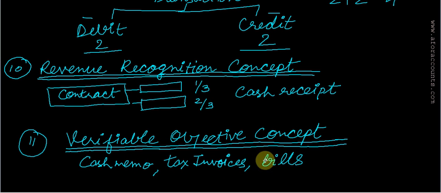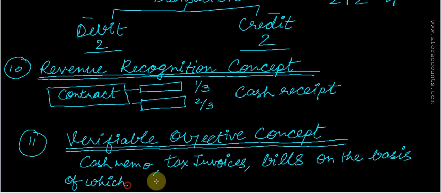Proper cash memo, tax invoices and bills should be present, on the basis of which we do accounting. I should have a supporting document on the basis of which we do accounting.